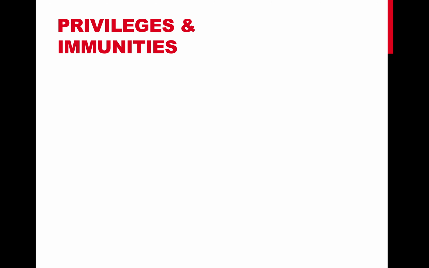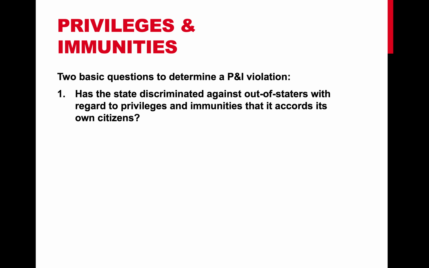So following the Chemerinsky outline, I think it's a useful way to conceive of what the doctrine will look like. There are two basic questions that we need to determine whether or not there's been a Privileges and Immunities Clause violation. We ask, has the state discriminated against out-of-staters with regard to the privileges and immunities that it accords its own citizens?